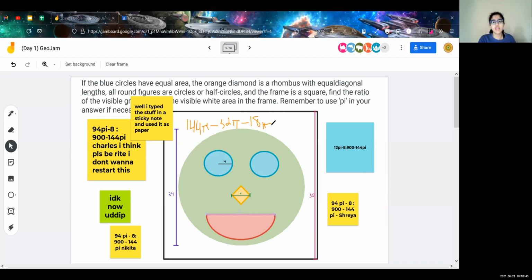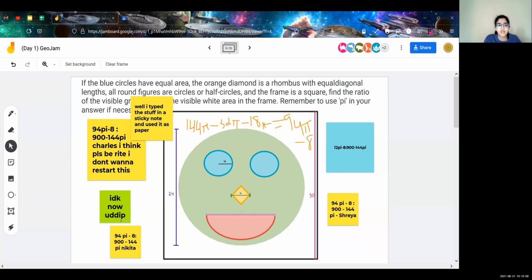And then 144 pi minus 50 pi is 94 pi, right? Then you have to subtract the area of the rhombus, right? So 4 times 4 divided by 2 is 16 divided by 2, which is 8. Then 94 pi minus 8 would be the numerator, right?